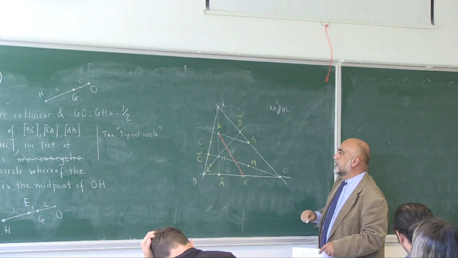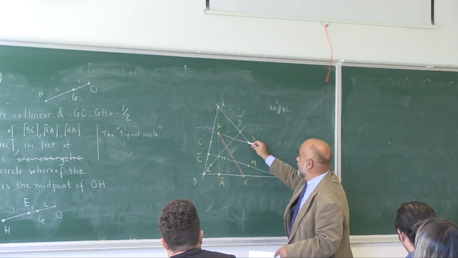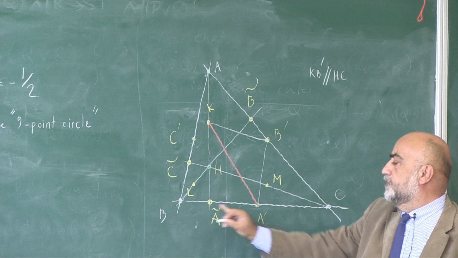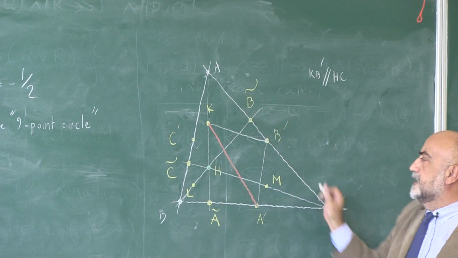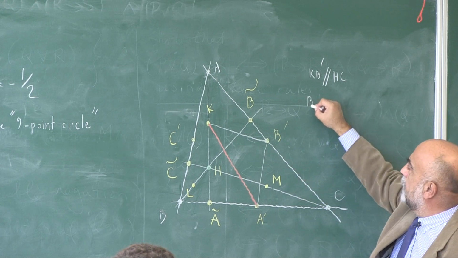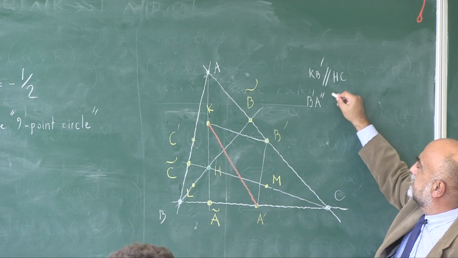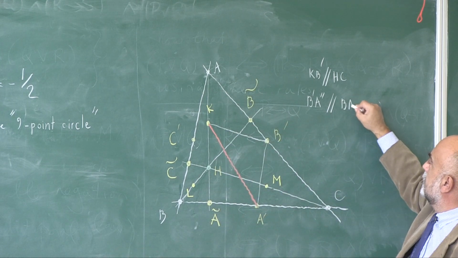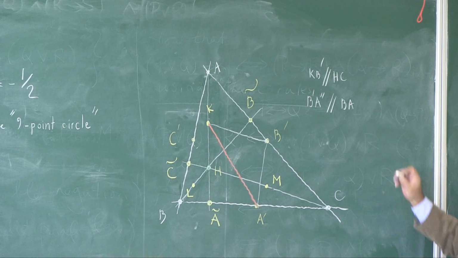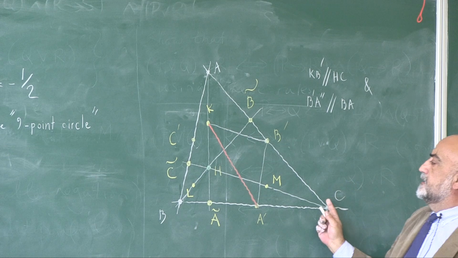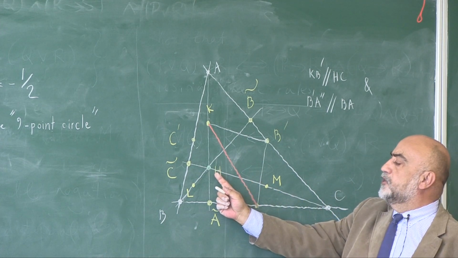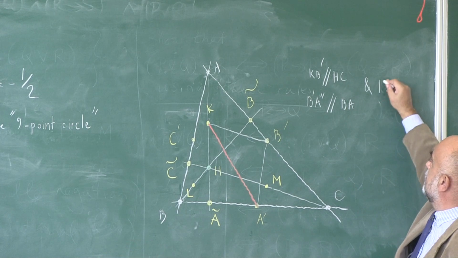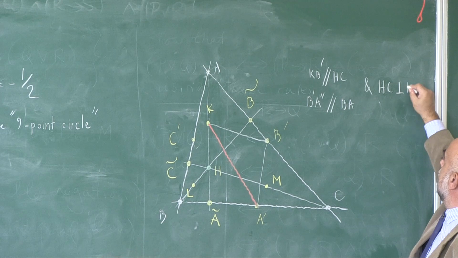And then you notice that if you take A prime, B prime, well, A prime is the midpoint of BC, B prime is the midpoint of AC. So it means that B prime A prime is parallel to AB. On the other hand, notice that CH is in fact the altitude through C. So you know that HC is perpendicular to BA.